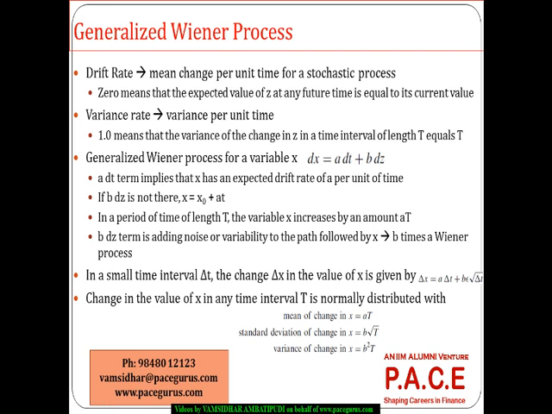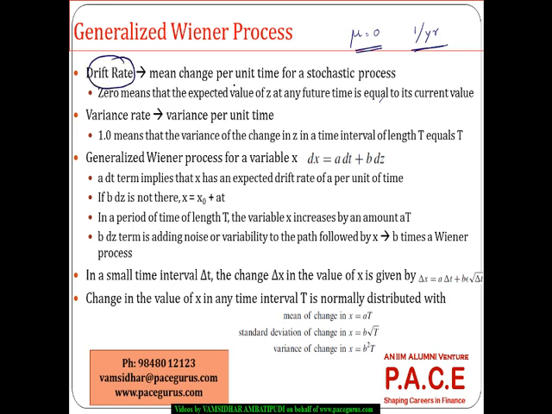Now we will try to generalize that Wiener process, because in the Wiener process that we considered in the earlier slide, we had a mean of 0 and a variance rate of 1 per year. Now when generalizing, I'm trying to change the mean to something else and the variance rate to something else. So I'm introducing two important terms.